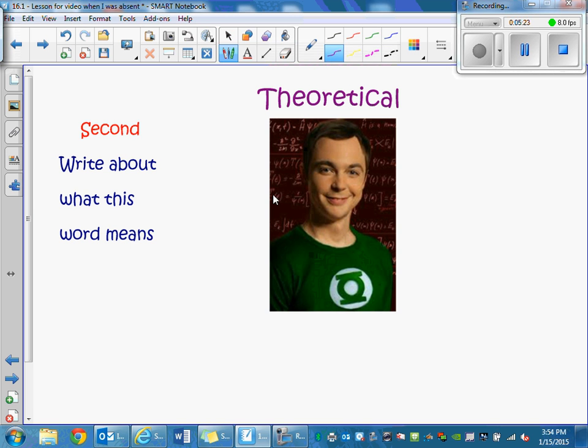And I have Sheldon Cooper here because he is a theoretical physicist. So that's what I think of when I think of theoretical. And when I think of theoretical, I think of the word theory. So in theory, this is what might happen or what might have happened.